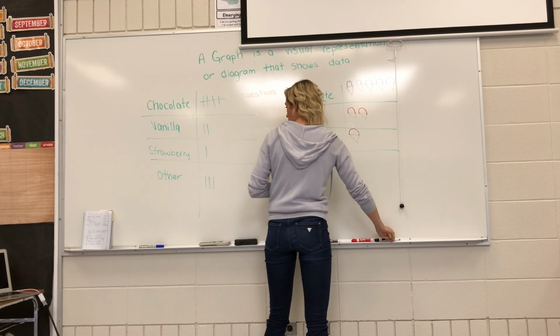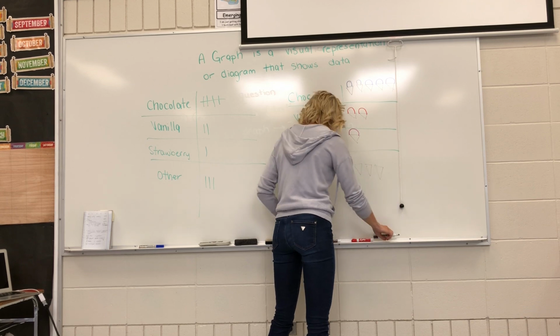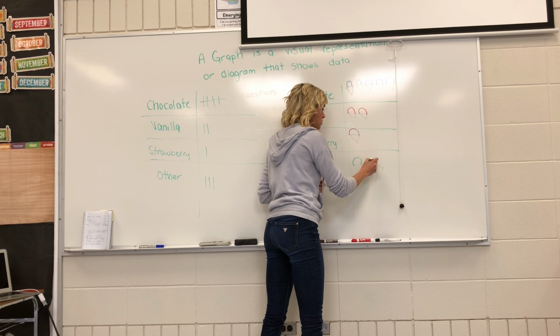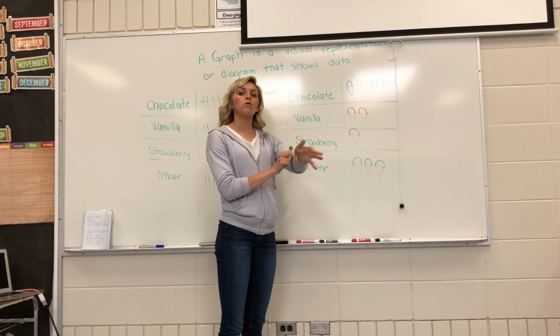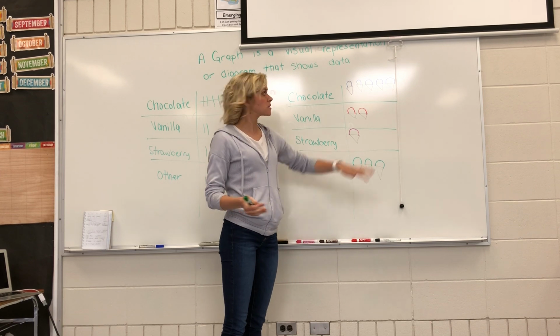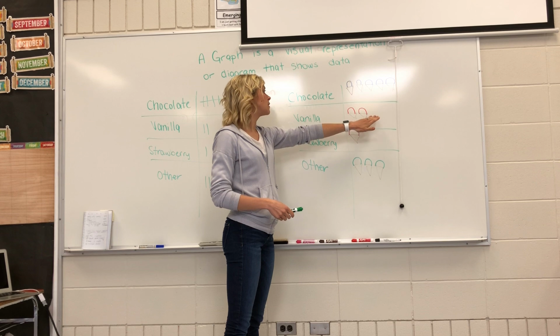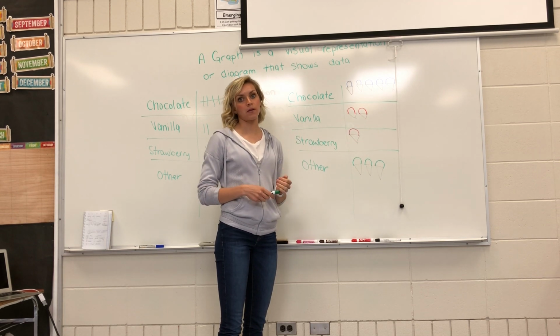And for other, I had 3. 1, 2, 3, and I'll use my green. 1, 2, 3. Then we have a visual representation using pictures to make our graph of how many people liked chocolate, vanilla, strawberry, and other types of ice cream.